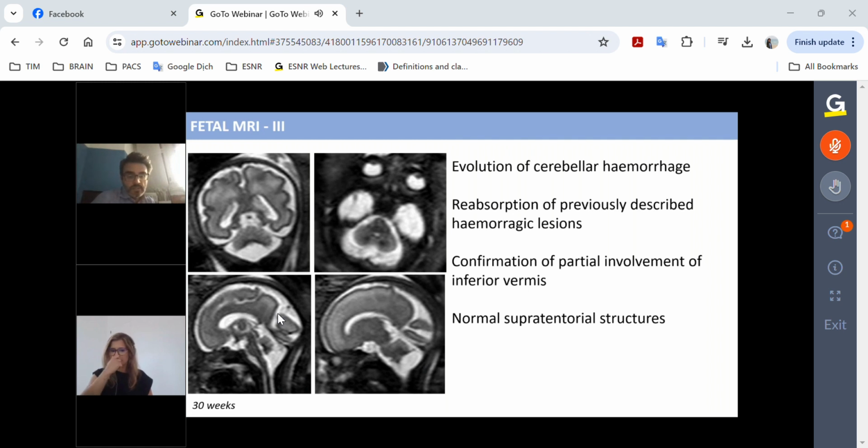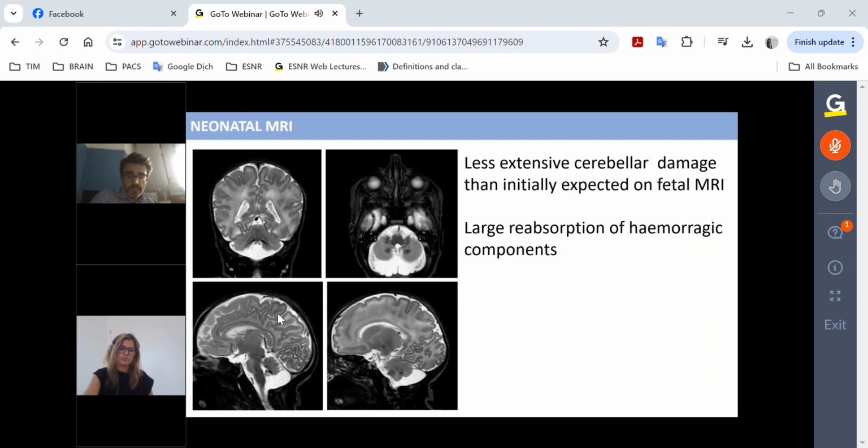And again, now it's much harder to see the blood. You can only see a black lining on the inferior aspect of the cerebellum, and something maybe at the level of the inferior vermis. But the supratentorial brain is normal, and we have this postnatal MRI that confirms exactly what we had already seen in the fetal MRI.